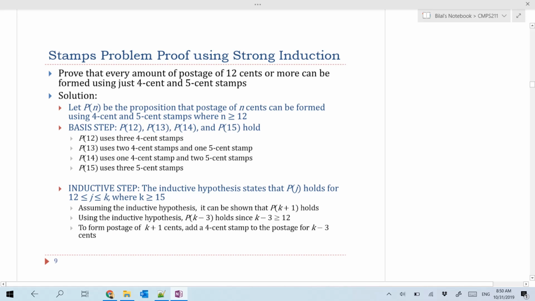For 14, you can use 1 4 and 2 5s. For 15, you can use 3 5-cent stamps, okay? So typically with strong induction, you would find that you need to check more than one basis step, okay? And then the basis steps will recursively reiterate afterwards, okay?